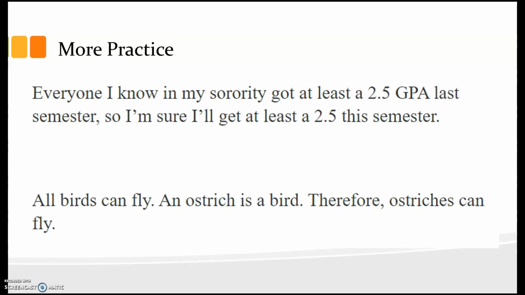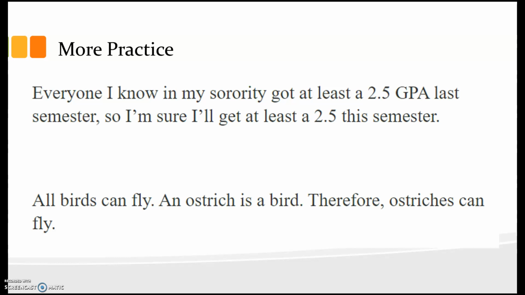So she's assuming that she herself will also get at least a 2.5 this semester. So this is inductive reasoning. There's no for-sure statement or general statement here. She's just going off of everyone else's previous experiences.